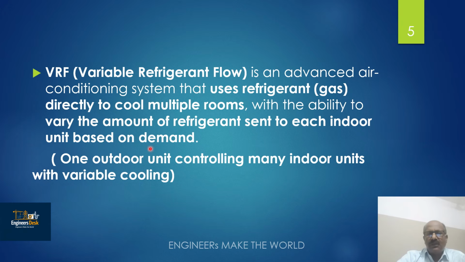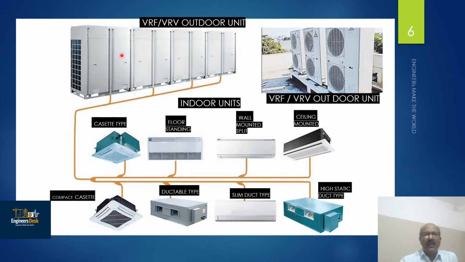In VRF, variable refrigerant flow, the refrigerant is used directly to cool multiple rooms with one outdoor unit, and different rooms with different temperatures can be achieved in VRF. In this picture, you can see a VRF outdoor unit and various types of indoor units.